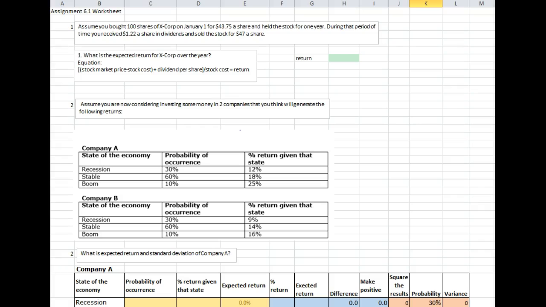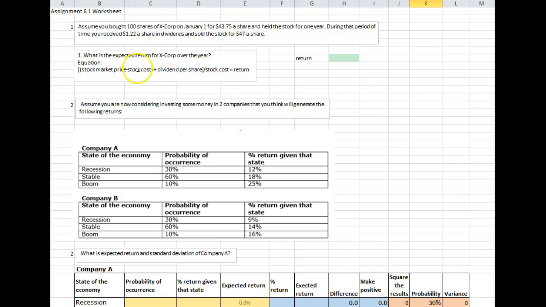The question is, what is your expected return over the year? Or what is your return? And it's just a very plug-and-chug calculation. You take the stock market price minus the cost. So 47 is the price, 43 is the cost.